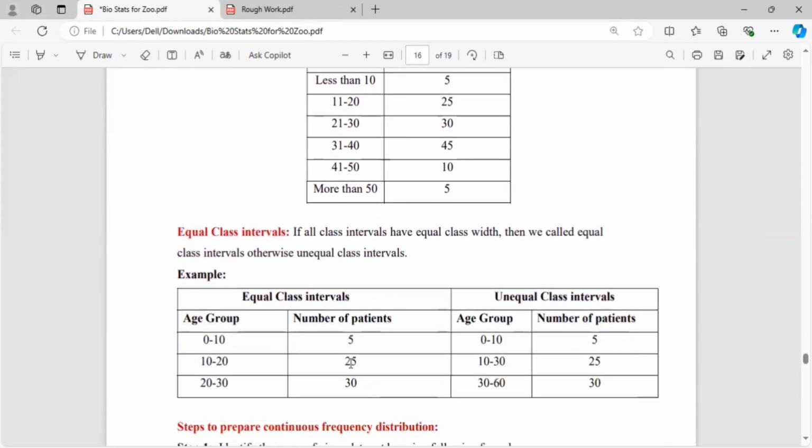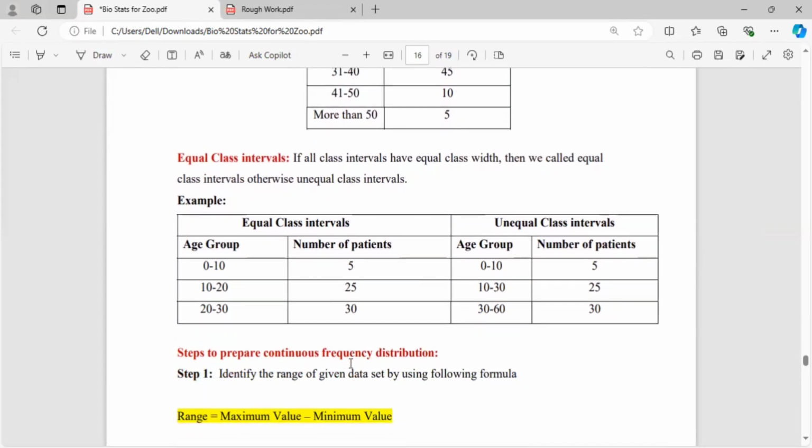Next is equal class interval. If all the class intervals have equal class width, see, 10 minus 0 is 10, 20 minus 10 is 10, 30 minus 20 is also 10. But here 10 minus 0 is 10, but 30 minus 10 is 20, and 60 minus 30 is 30.